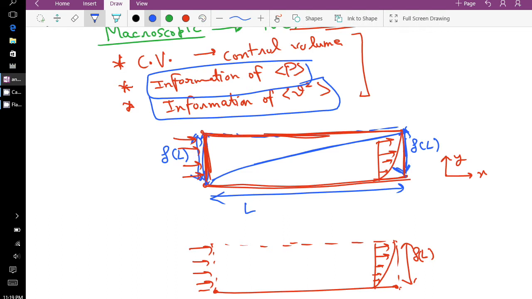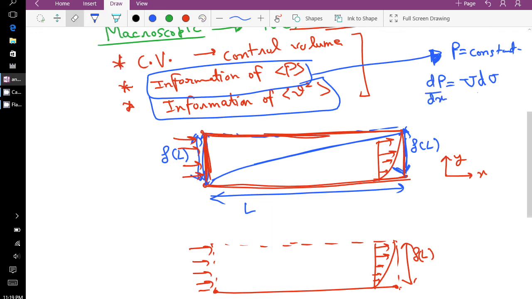For the estimation of pressure, you can recall that the pressure is constant everywhere in a flat plate. This happens because dp by dx in the case of a flat plate, as we have derived, is minus the external flow du by dx.